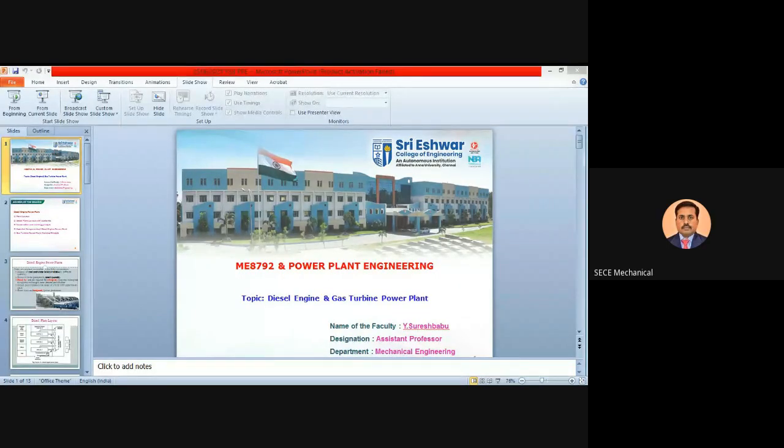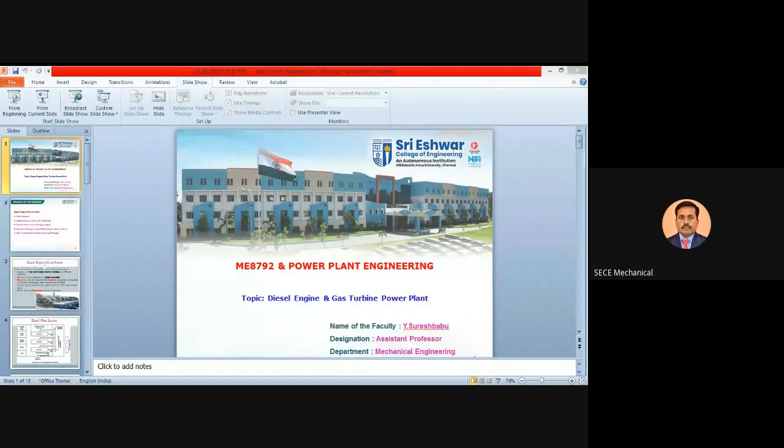Wind based turbine power plants and all those things may not be suitable. You have to choose the power plant based upon your requirement. That is very important. Your requirement may lie between 2 to 50 megawatts. For daily use, you may require 10 megawatts, or maybe 50 megawatts. You can use a diesel power plant.